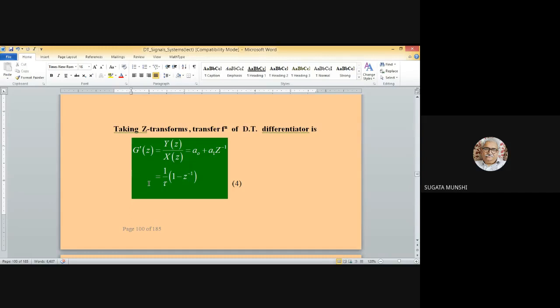Now, recall what's the transfer function of a continuous time differentiator? Say if I label it as G prime(s), what will be the transfer function of an ideal continuous time differentiator? It's a very basic thing.